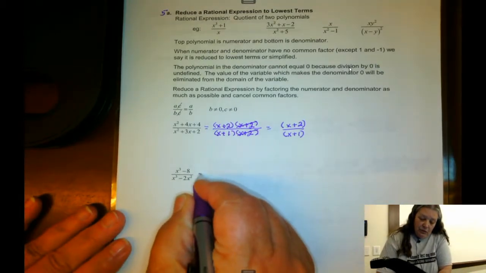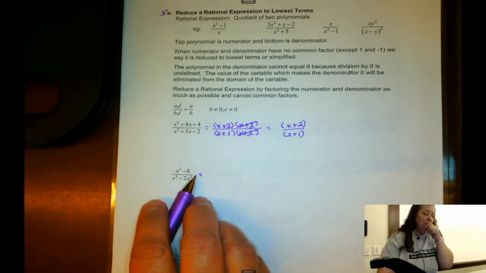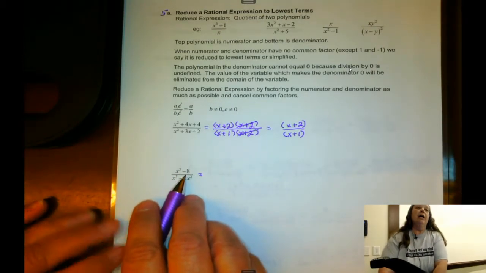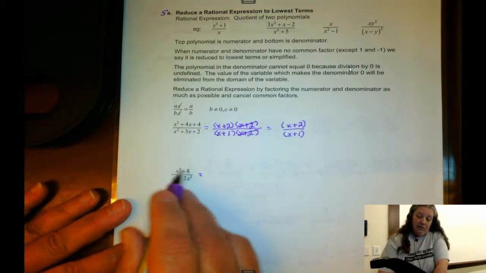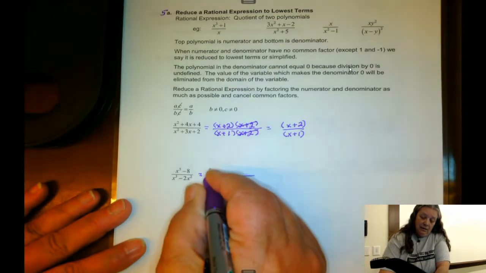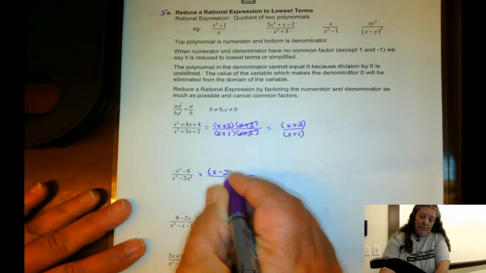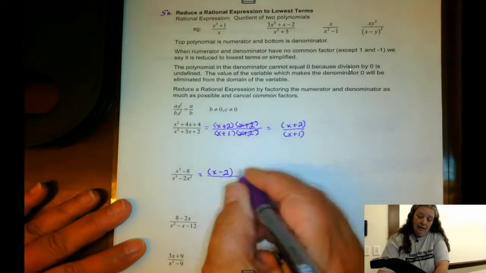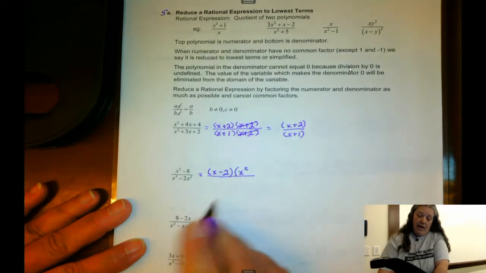Now for the next one, we have x cubed minus 8. Earlier when we were talking about multiplying, we had a general form for a sum or difference of cubes. The factor is x minus 2. Then we square the x to get x squared.